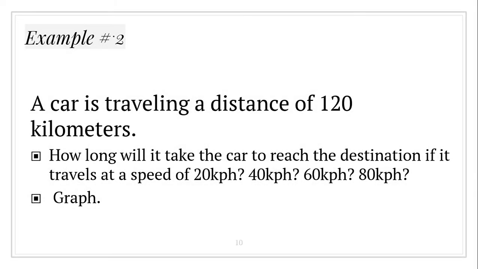So, we have here the formula for time. Time is equal to the distance over the rate. So we can have the following values. We have here the rate, in kilometers per hour, and we also have the time. So ayan, the rate is 20, 40, 60, and 80.